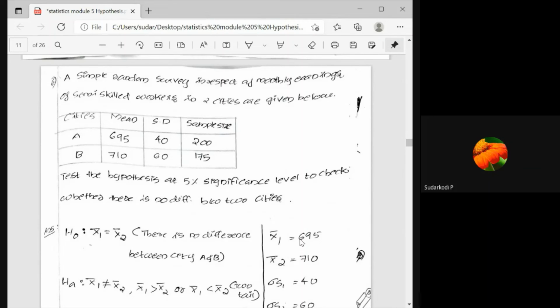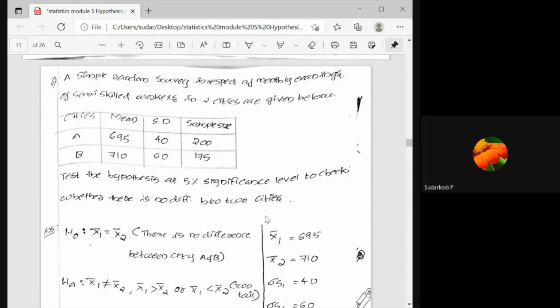So your hypothesis, you can see here, your H naught is x1 bar is equal to x2 bar. Here you are not taking the population, you are taking only the mean of samples.